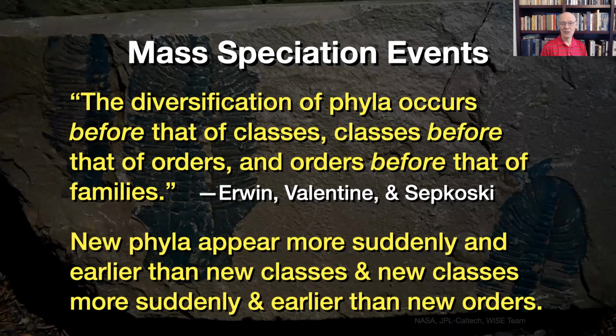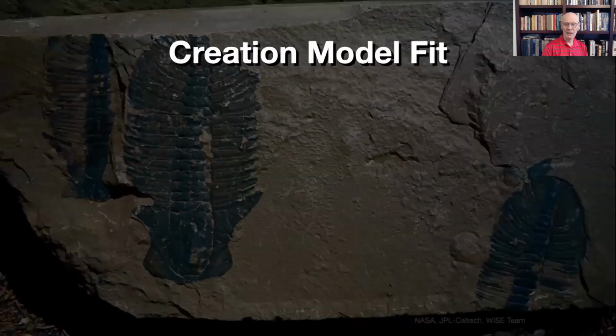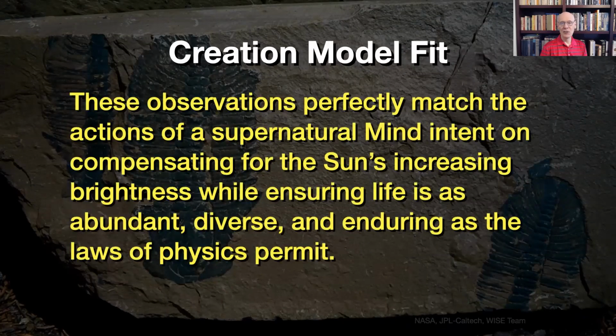And they recognize that this is a profound challenge to any naturalistic explanation for the origin or for the history of life on planet Earth. And what I would add is that these observations, on the other hand, perfectly match what we would expect of the actions of a supernatural mind that's intent on compensating for the sun's increasing brightness while ensuring life is as abundant, diverse, and enduring as the laws of physics permit.